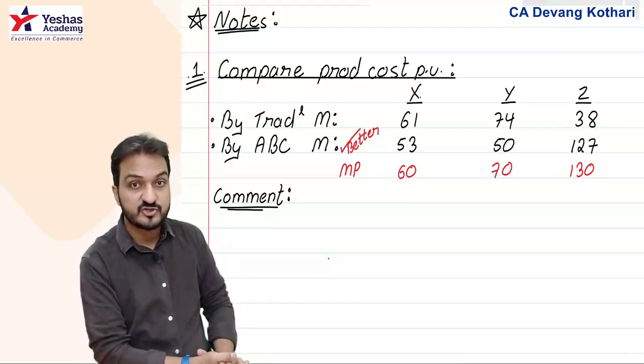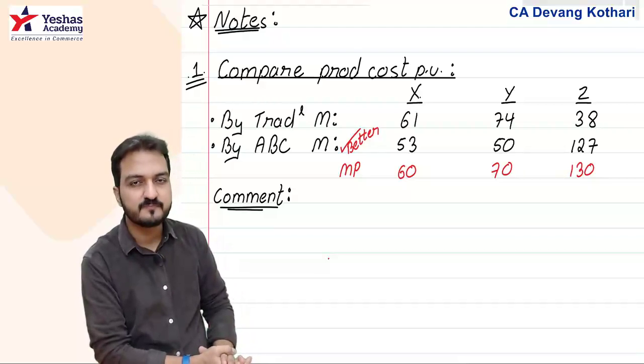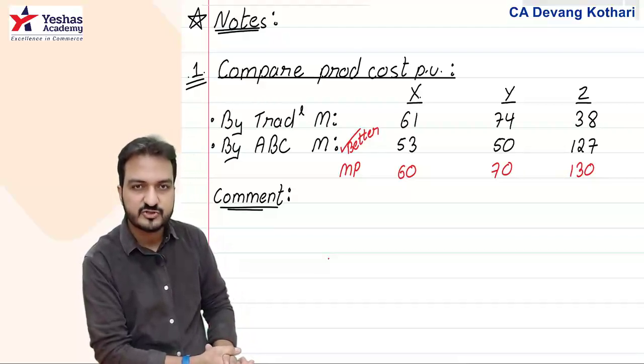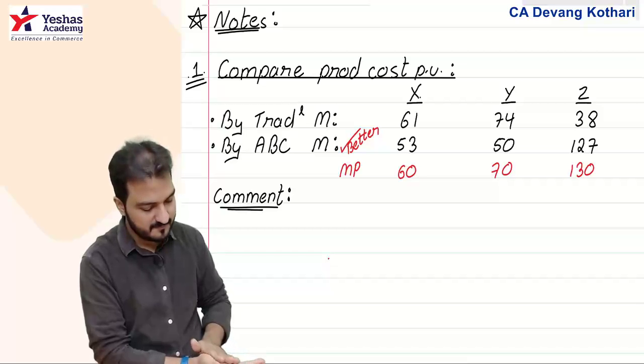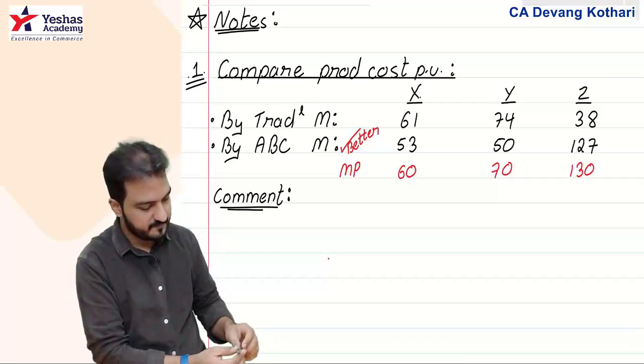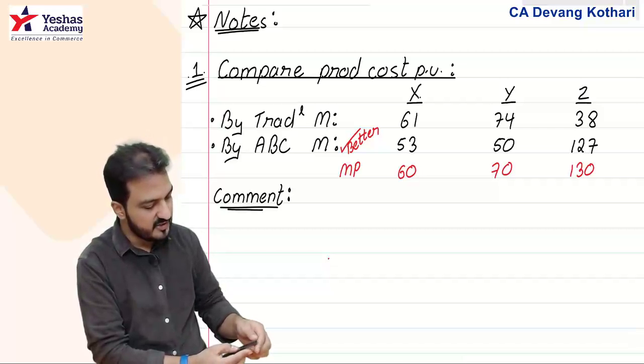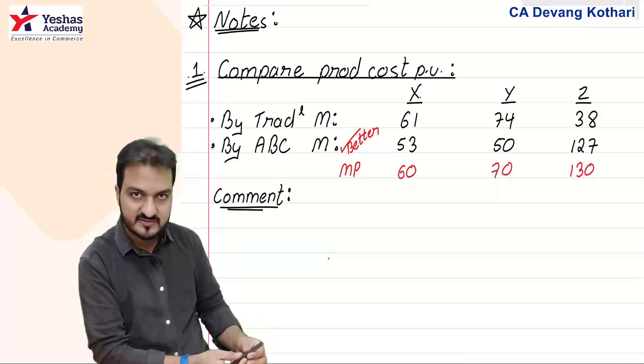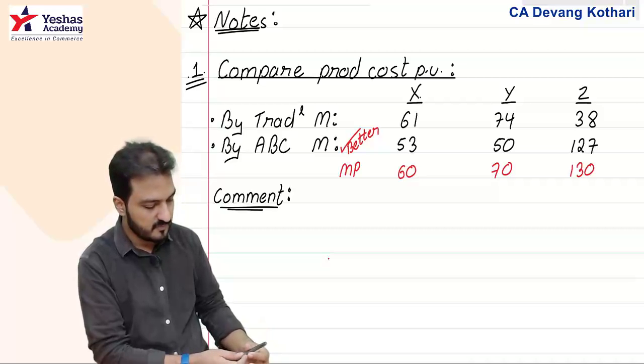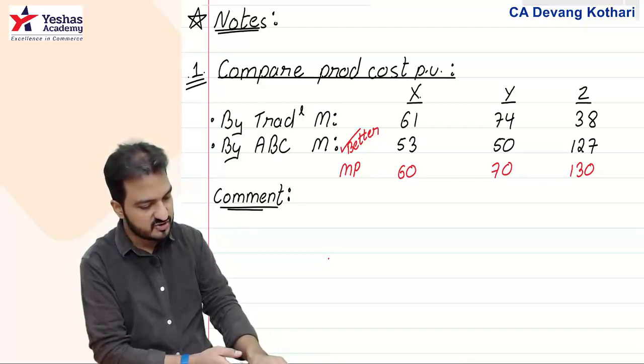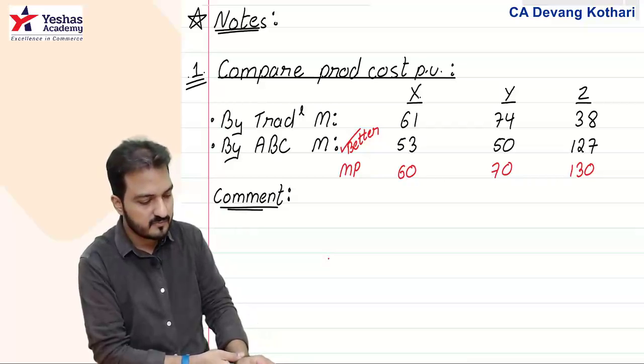If this company wishes to do cost reduction, then the traditional method would suggest that decreasing the hours of production will give a decrease in overheads.